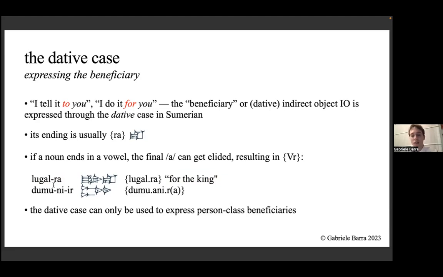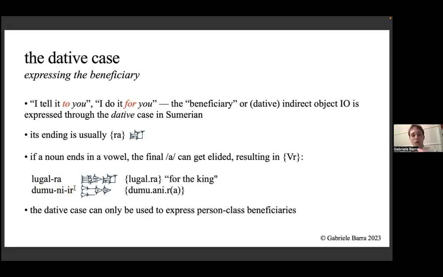So when a word ends in a vowel, in this case, we have a word, dumu, which does end in a vowel, and then we have ni, which is part of the possessive suffixes, which means his, which also ends in a vowel. Then we see something happening to the dative. It kind of contracts.